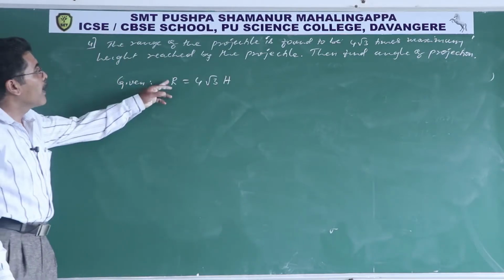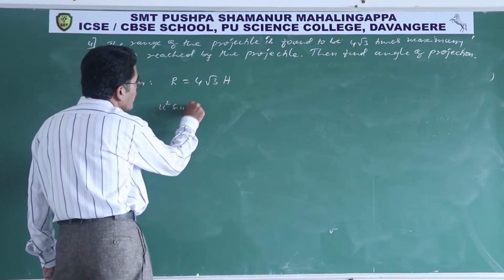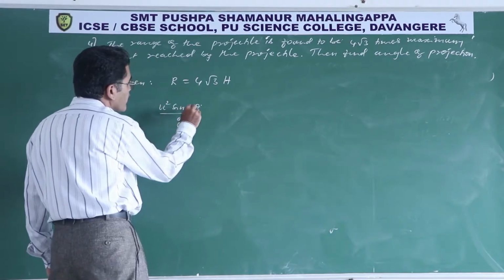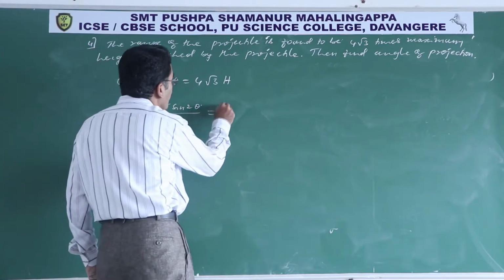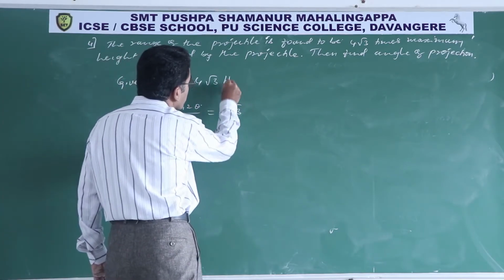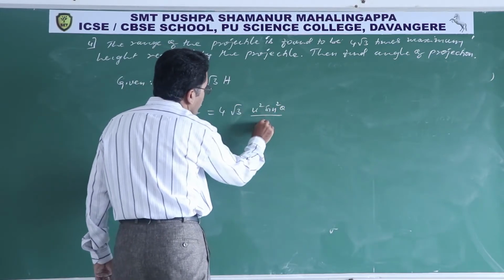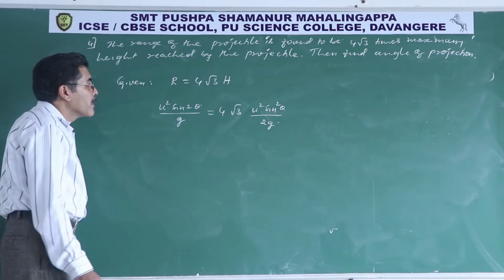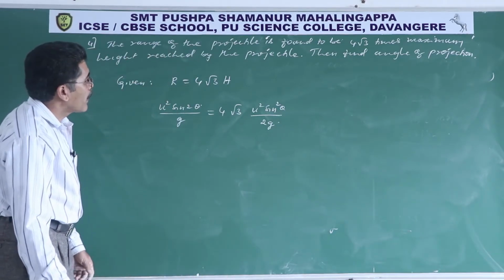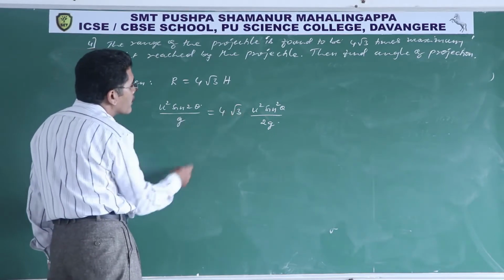R is given by u square sine 2 theta divided by g. This is equal to 4 root 3 times H, and H is u square sine square theta divided by 2g. Now cancel out u square and g on either side.